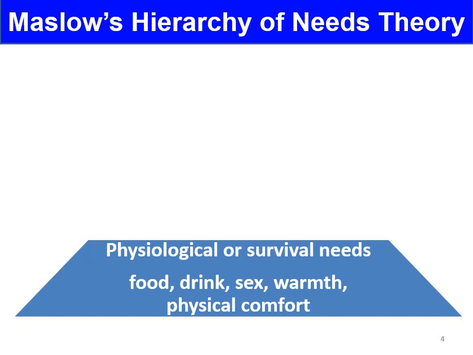For example, people talk about food, drink, sex, warmth, merasa selamat, selesa, okay, which is referred to as physical comfort, keselesaan, di mana kita perlukan makan, minum, okay, termasuk keperluan seks sebagai sesuatu asas kehidupan.